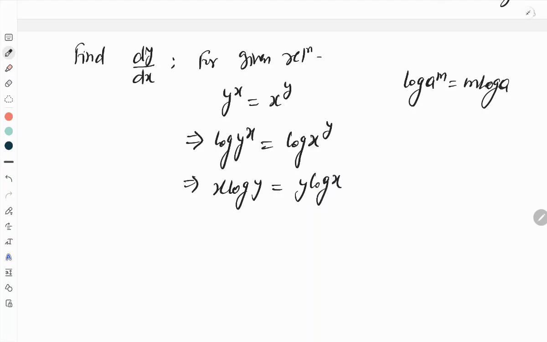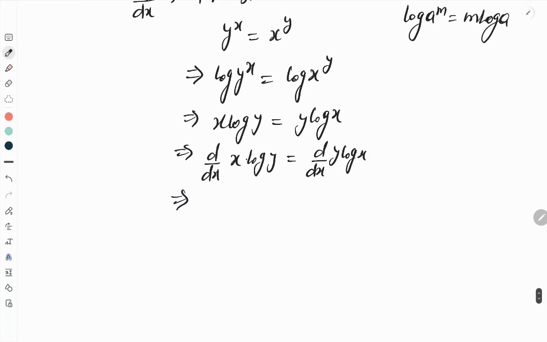Now differentiation with respect to x. So taking derivative on both sides, dy/dx of x into log y is equal to dy/dx of y into log x. What will it be? Two functions here, log and x.